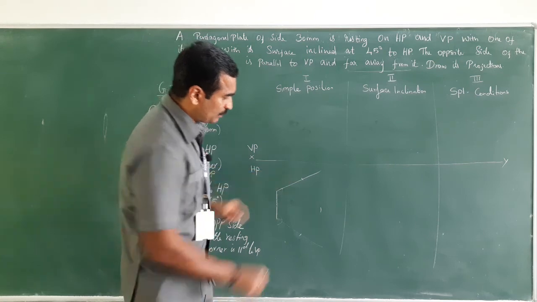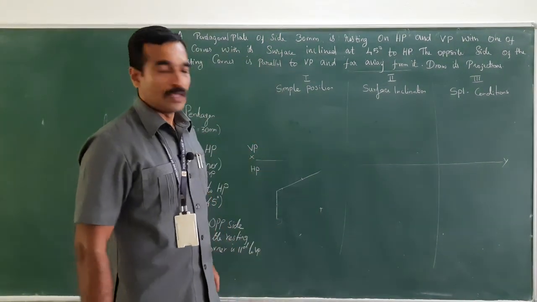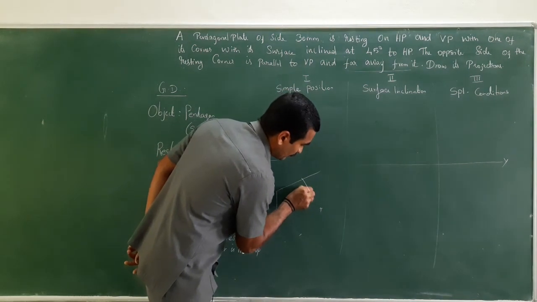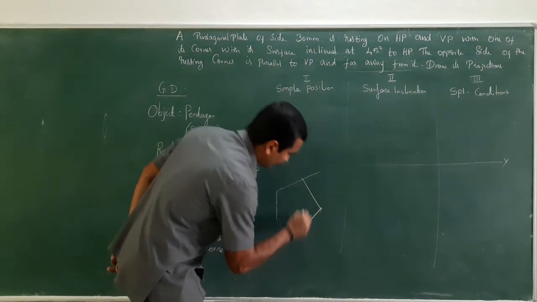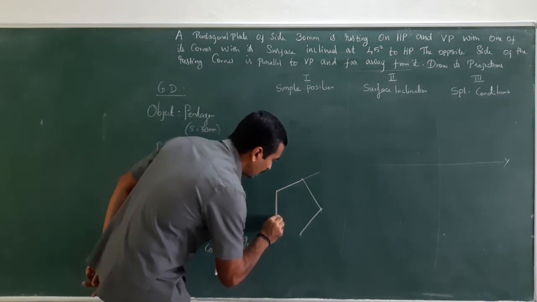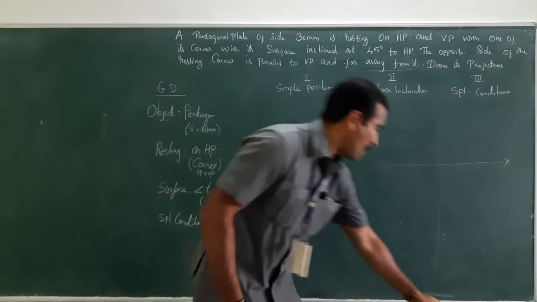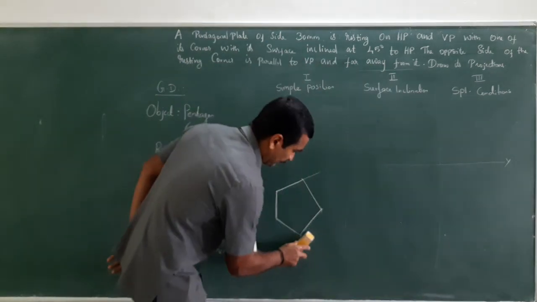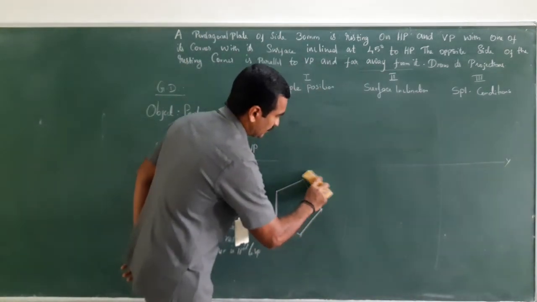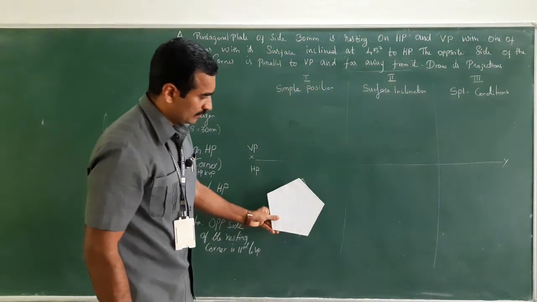Keep it at the intersection point here and cut an arc. Now connect it. By doing so, I got the shape of the pentagon. Right? So, this is the pentagon.